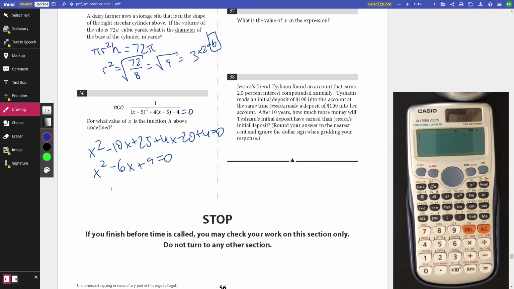Okay, and then this is a perfect square, and so x is equal to 3.